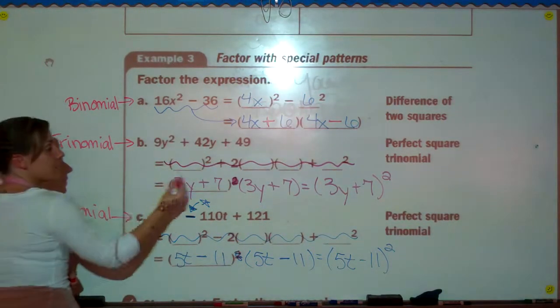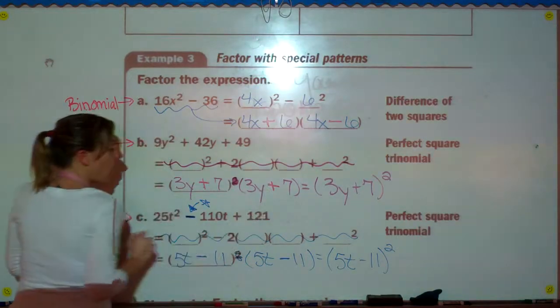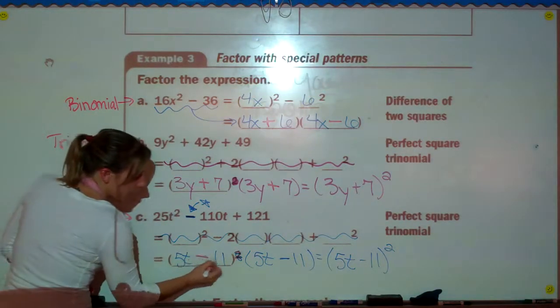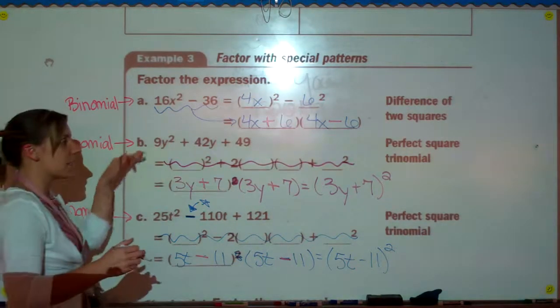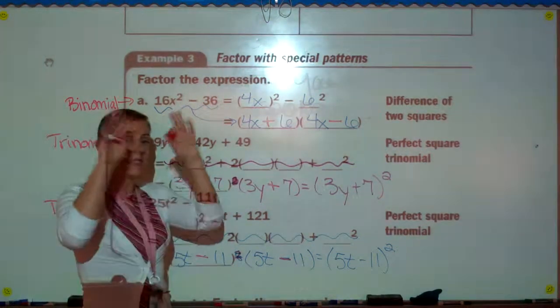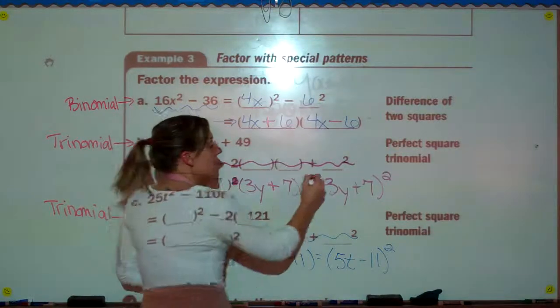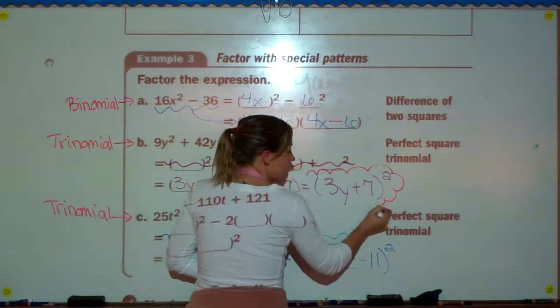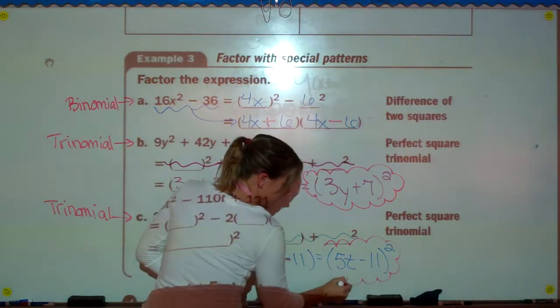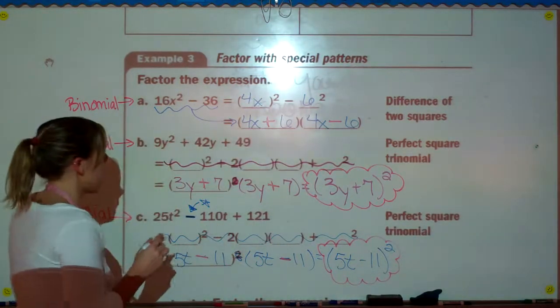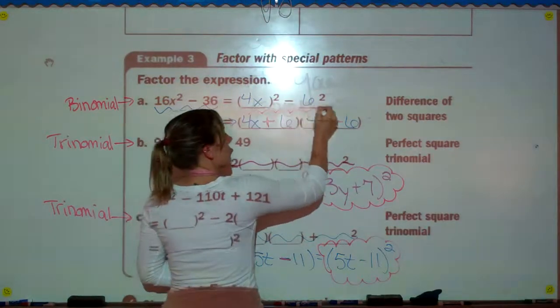The trinomials, they're either both positive or, for this trinomial, both negative. So it's a shortcut. You could do that with just Xing and boxing, but if you see the pattern, it's faster if you recognize it and just use it. And we will practice that. And this one is this answer.